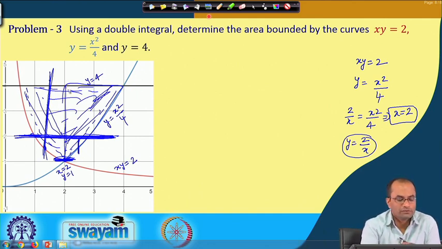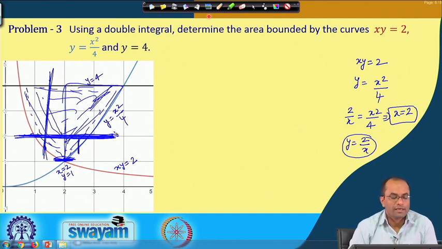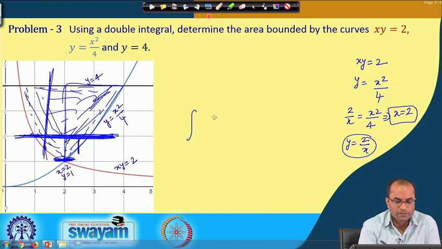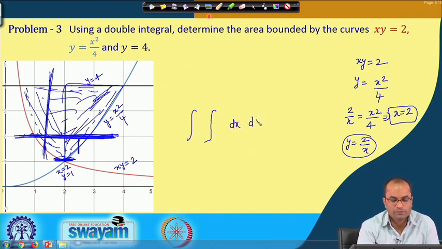So, this point here y is 1 and that line here y is 4. In the direction of y we will go from 1 to 4, and in the direction of x we will go from xy = 2 to y = x²/4. So, let us write down this integral, the inner one with respect to x and the outer one with respect to y.